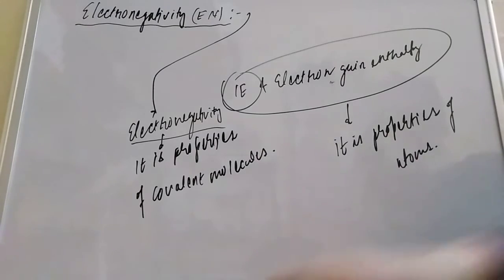Now we are going to understand what electronegativity actually is. First we will take an example, and from the example I will try to derive the definition. Suppose I have HF, H and F. Hydrogen has one electron and fluorine has 7 electrons.